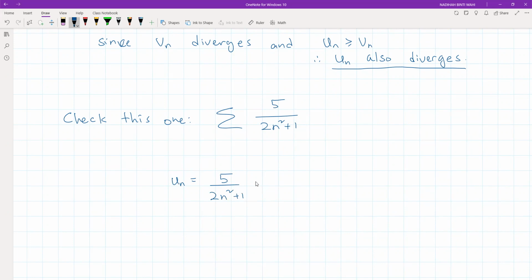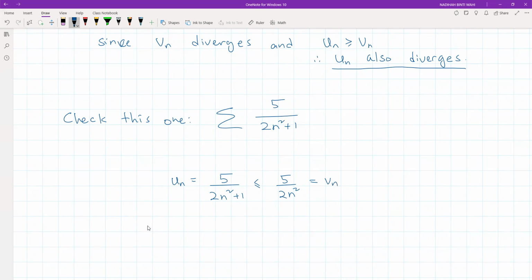So this is less or equals than 5 over 2n squared, because the denominator for Un is bigger. So that's why this is less. And this equals to Vn.